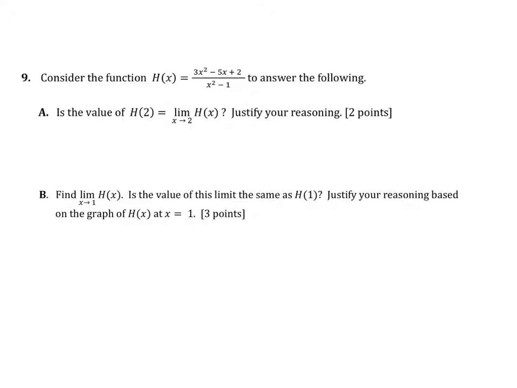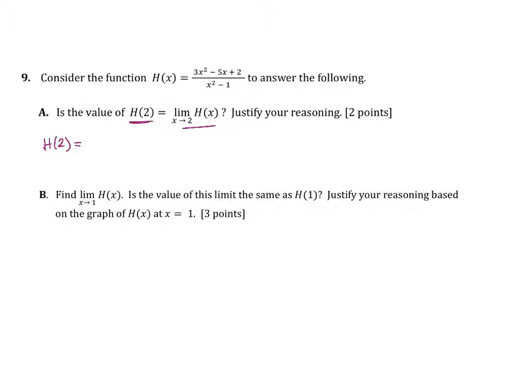Okay, on our free response, and we did not get to this part in class, and it wants us to see if these two things are equivalent. So what we're going to need to do is come over to the side and find h at 2. Remember the notation for h at 2, that's just meaning substitute in.